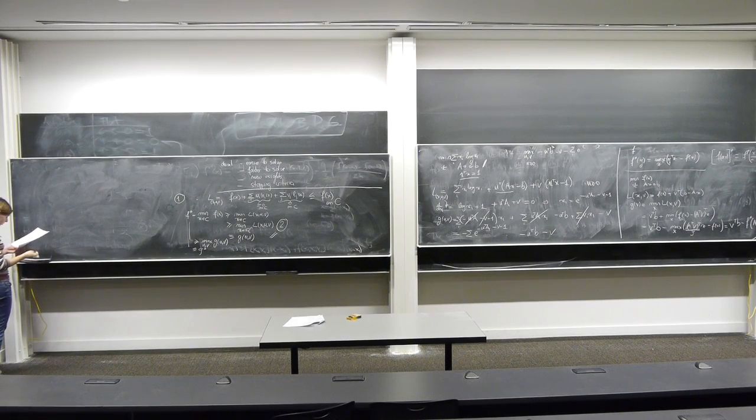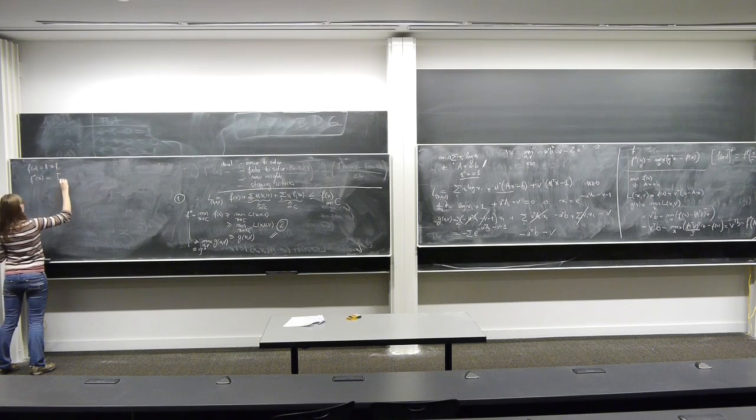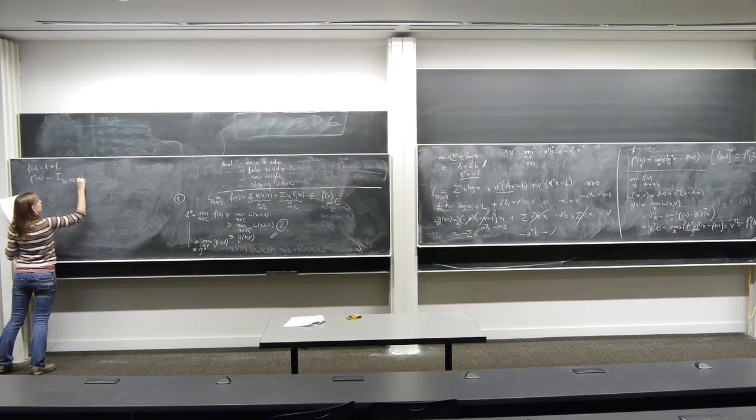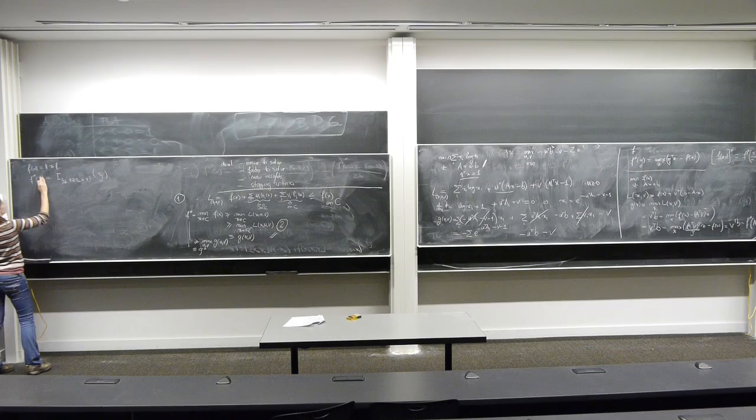So we said that if f is a norm, then the conjugate of f at y is just going to be, what do we call it, not identity function, I can't remember the word right now.